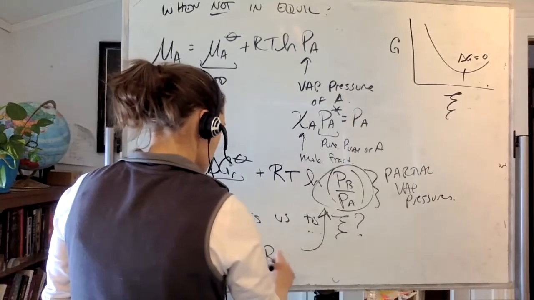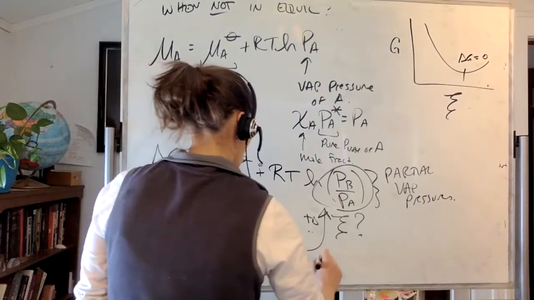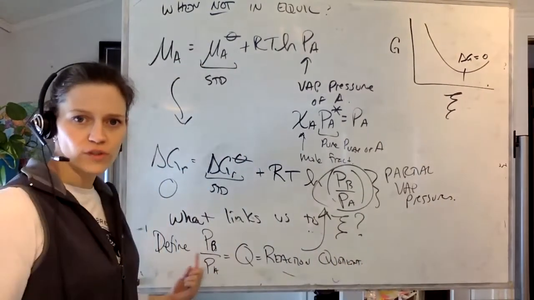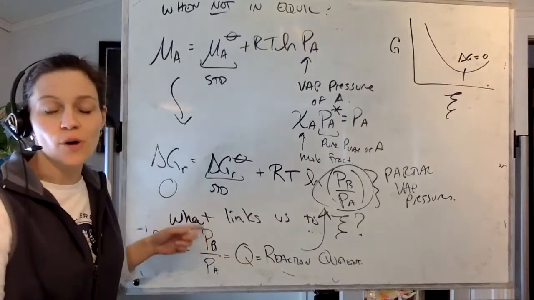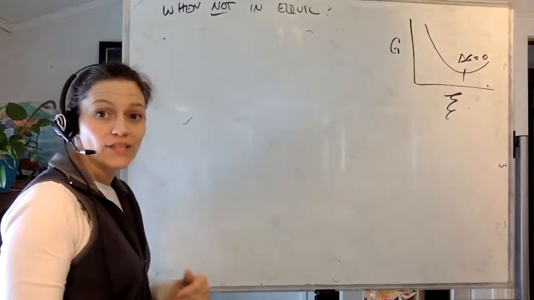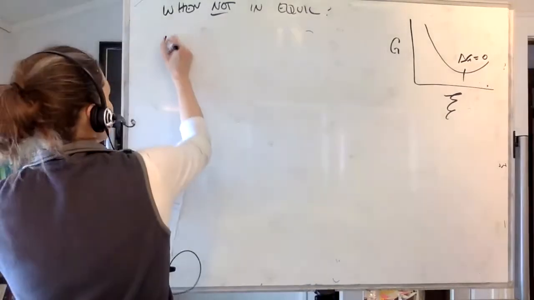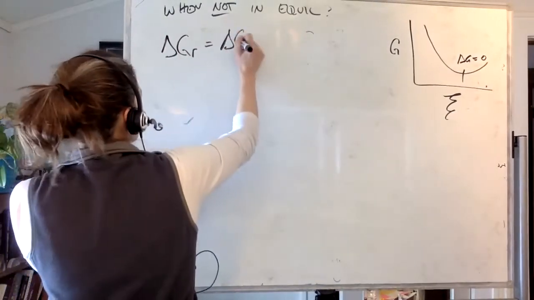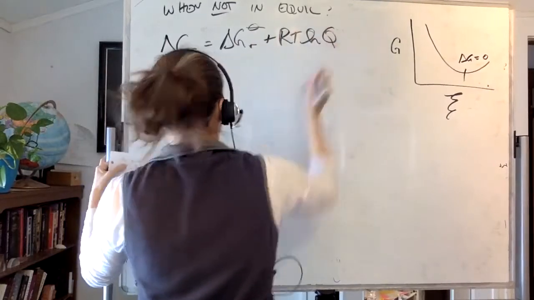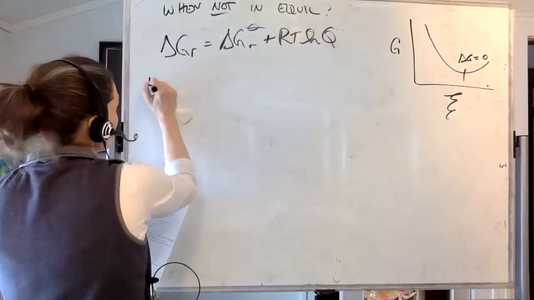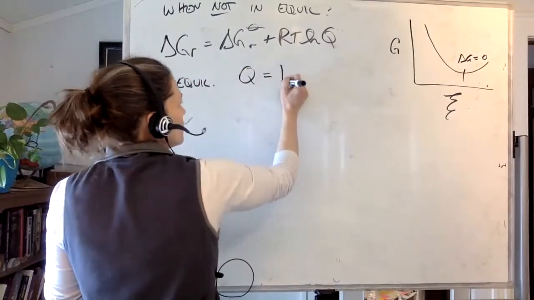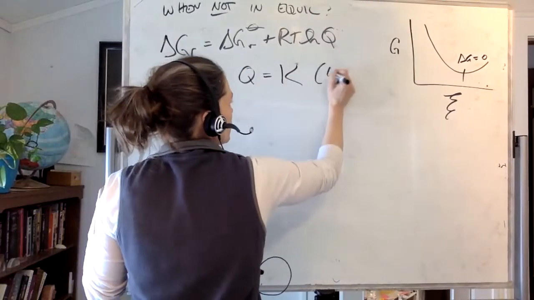I'm going to call this the reaction quotient, which is the partial vapor pressure of B over the partial vapor pressure of A. What that says is that delta G of reaction is equal to delta G standard conditions plus RT log of Q. And we know, hopefully, that at equilibrium Q is going to equal K, the equilibrium constant.